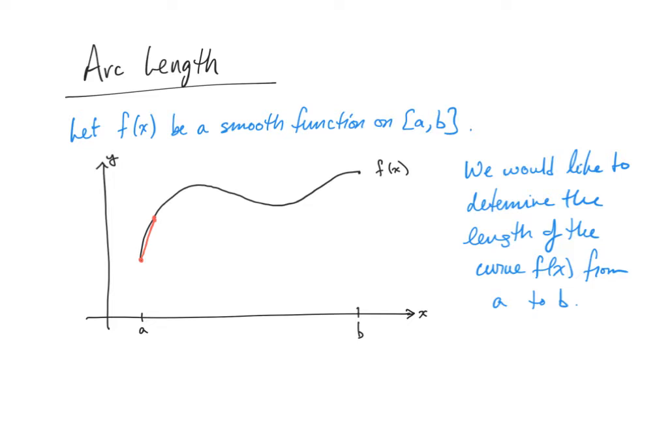And if I keep doing this all along the curve, you can see that if I add up the lengths of all those line segments, I'm going to get a pretty good approximation to the length of this curve. And I know how to find the length of a line segment.